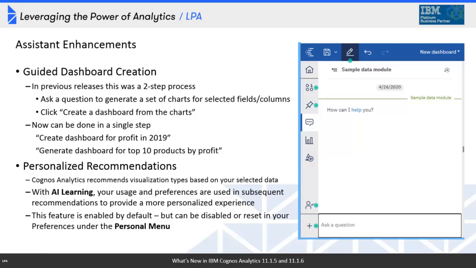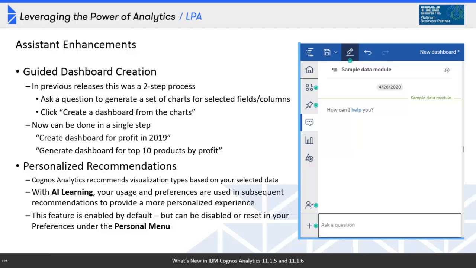If you are a member of a group or role that's been assigned the AI Learning capability, Cognos will learn your habits in the assistant. If your group or role is not assigned to the AI Learning capability, then Cognos will not perform this learning on your behalf. So the administrator gets to control which groups of users Cognos learns about and which ones they don't. So that's sort of part one.